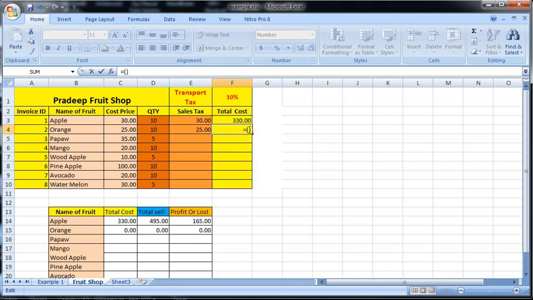I'll multiply the cost price into the quantity, and then I will add the following tax to the following total cost. So I should get 275. Now see over here, it's a formula. Now this one is a function.